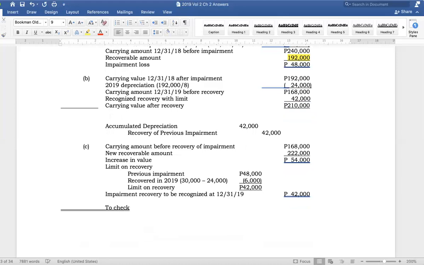To check, because there is no more impairment as it has been reversed, your cost is 300,000.